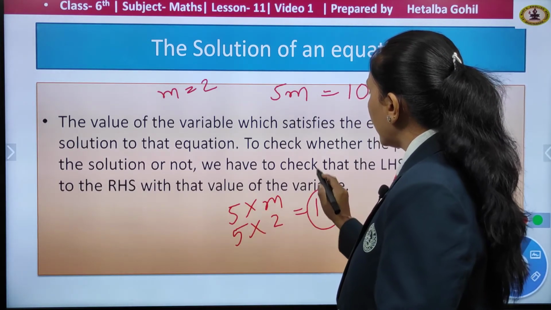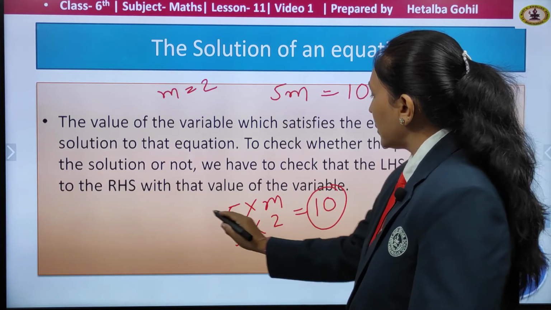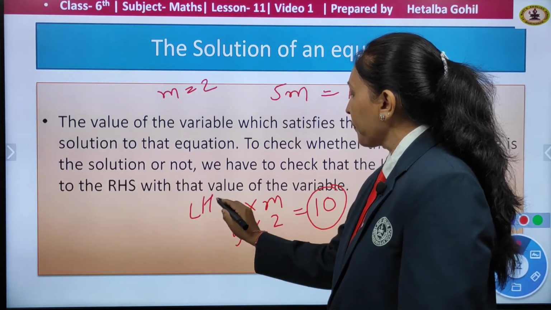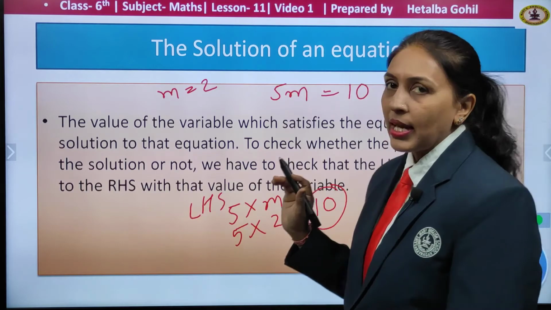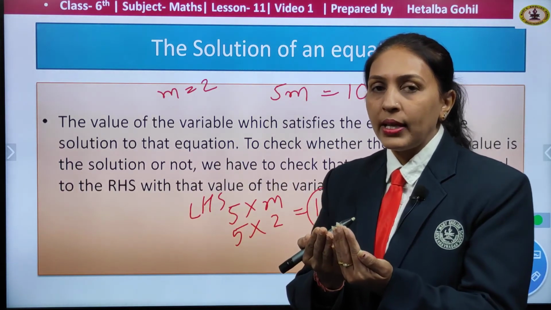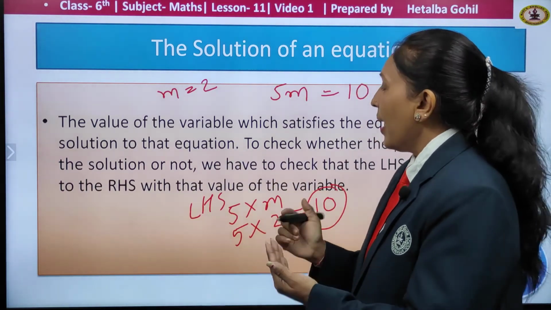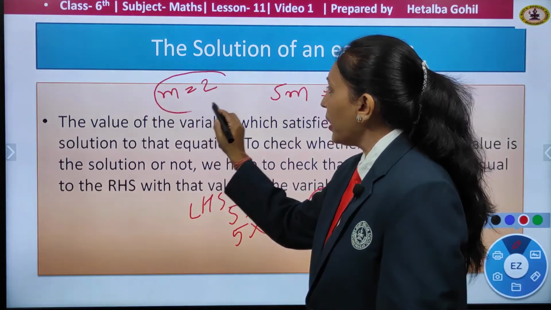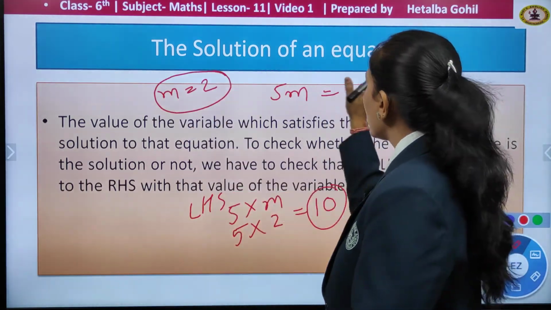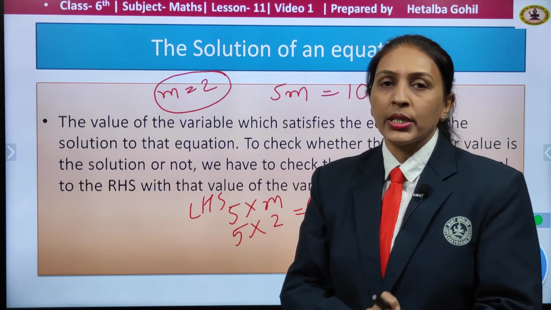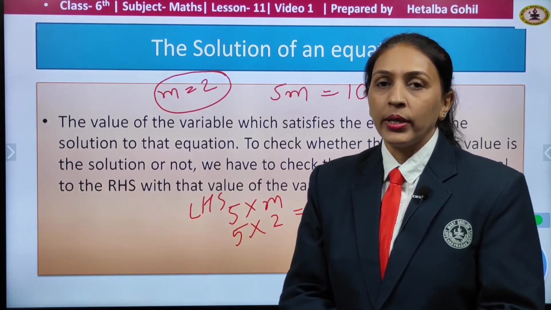So you can see the LHS is 10, and the RHS is also 10, which means both values are equal to one another. Hence I can say that m equal to 2 is the solution of the given equation 5m equal to 10.